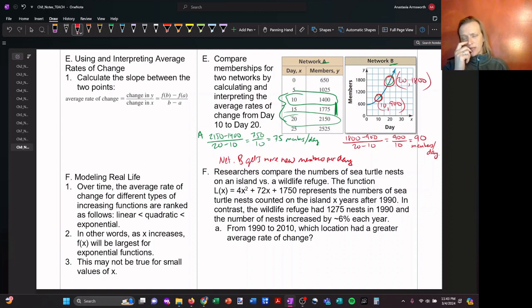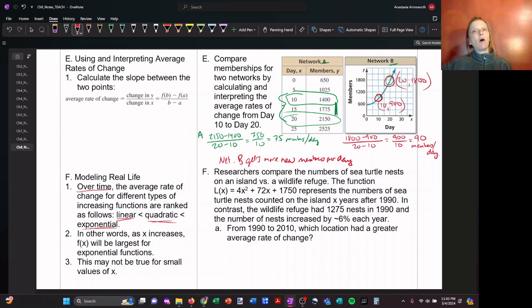Now, one thing to realize is that depending on the kind of graph you have, linear versus exponential versus quadratic, that does affect how the rate of change changes over time. So, over time, the average rate of change for linear will be lower than a quadratic function, and a quadratic function will be lower than an exponential function.